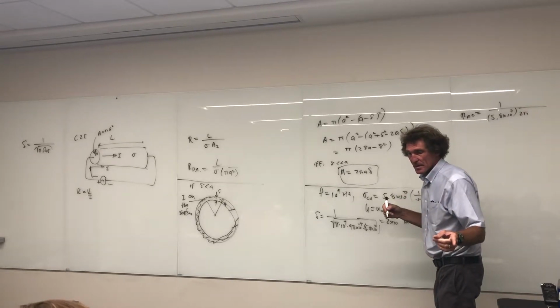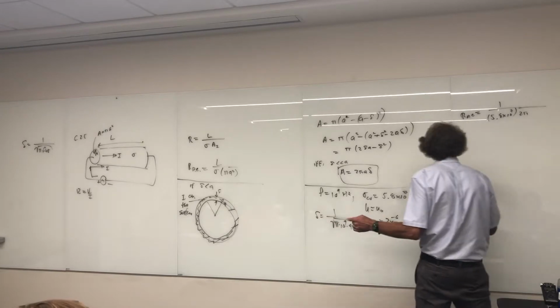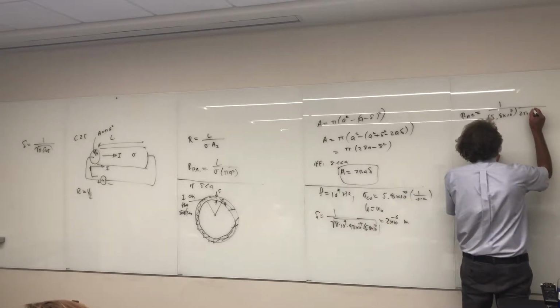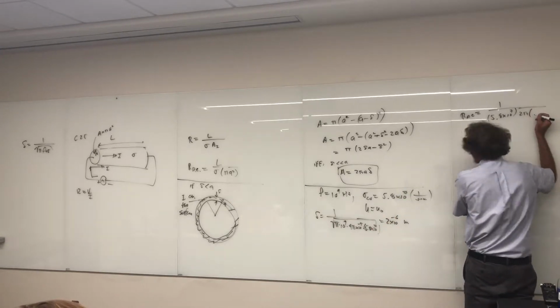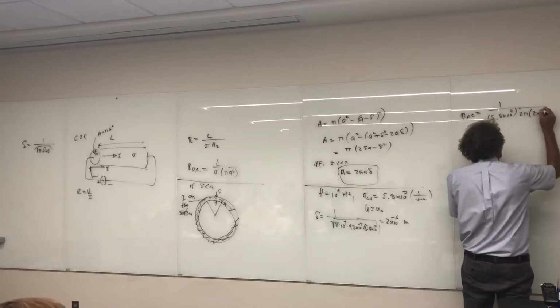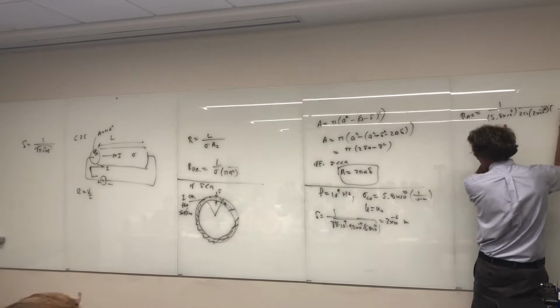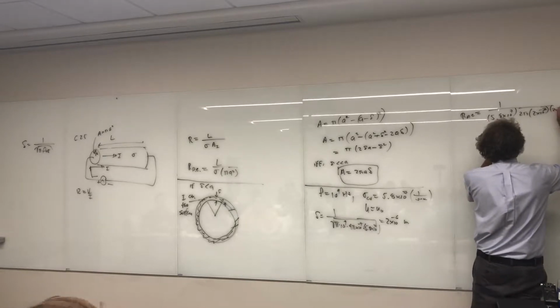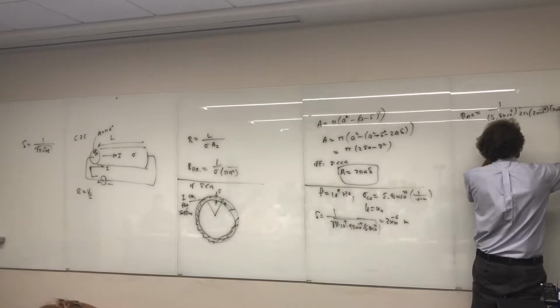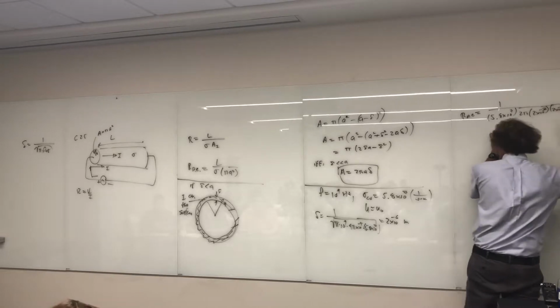What is a? 2 millimeters. So it's 2 times 10 to the minus 3rd here, and then it's times the skin depth, which is going to be 2 times 10 to the minus 6. So that should be the AC resistance.